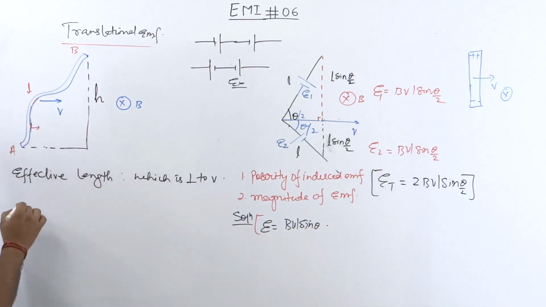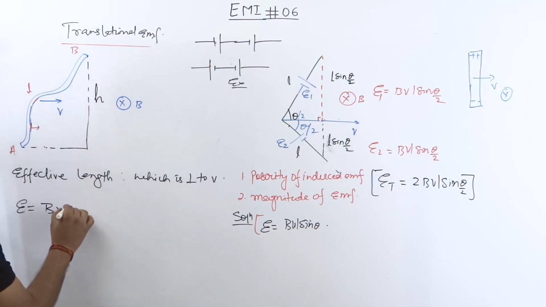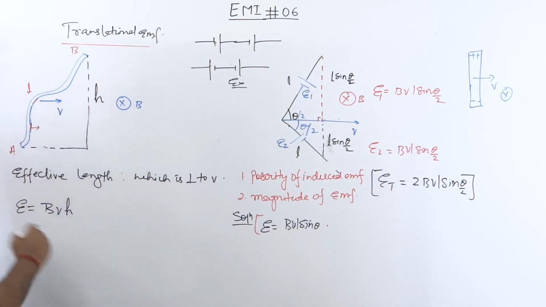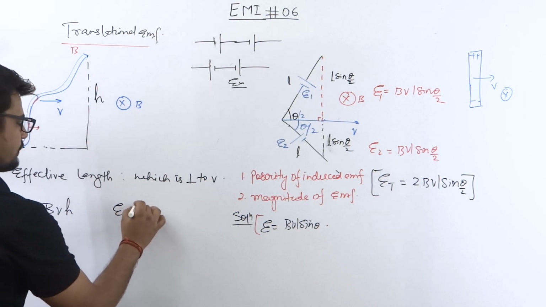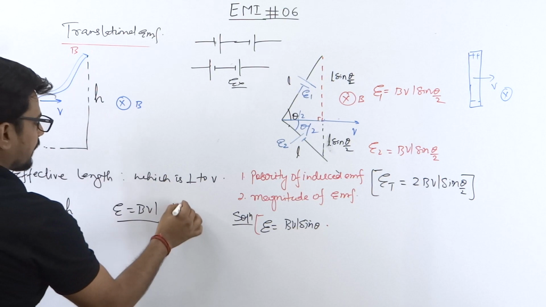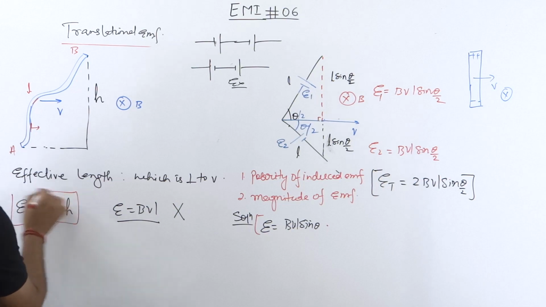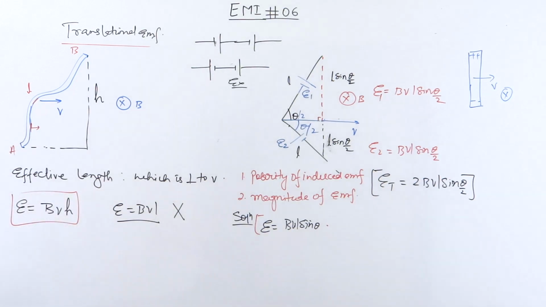So in this case the induced EMF, my dear kids, is going to be BVH, not BVL. If you write E equals BVL here, assuming this length is L, that will be wrong. The correct way of writing this is E equals BVH. All good?